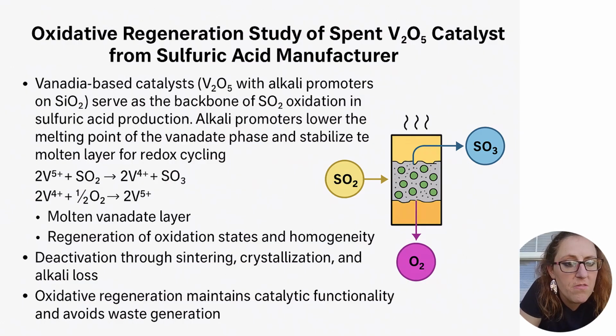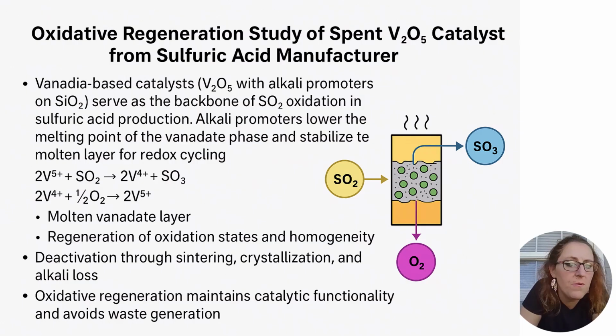Alkali promoters such as potassium sulfate and cesium sulfate stabilize the vanadyl sulfate pyrosulfate complexes, easing the V5+ to V4+ redox cycling that transfers oxygen from O2 to SO2.